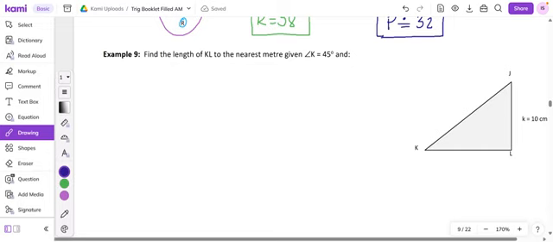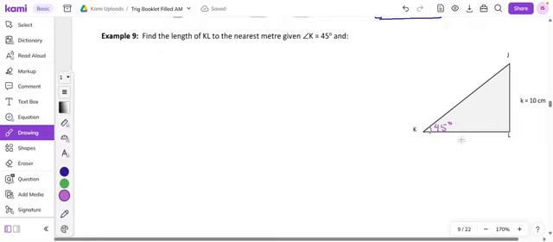Find the length of KL to the nearest meter given K equals 45. All right, so what that means is I know this is 45 degrees. I'm asked to find KL. I can also call it lowercase j.